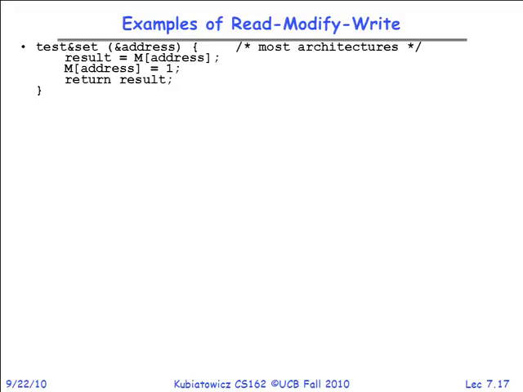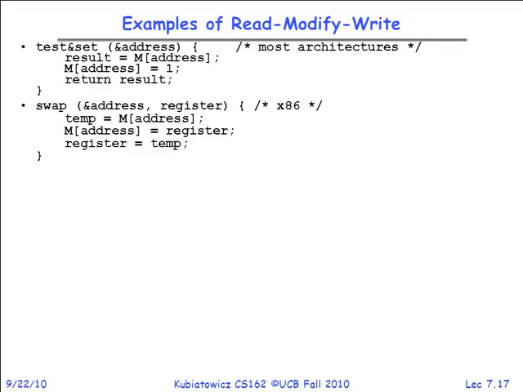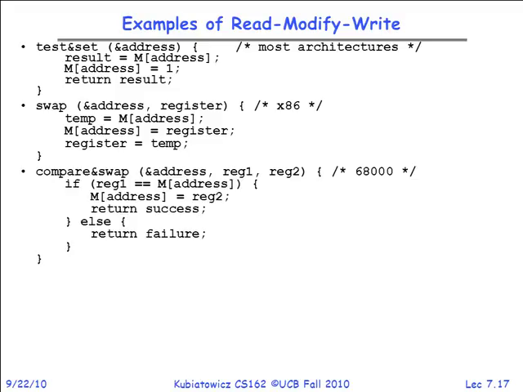You write a 0. Okay? Now, there's also swap. This is grab the value that's down there, store the value that you had in a register. That's another atomic one that you can do stuff with. Here's compare and swap. Turns out this one is actually seems complicated, but it was on the 68,000 processor. And interestingly enough, you can do some pretty cool lock-free queue examples. I'll show you one of these maybe next time if I'm here.